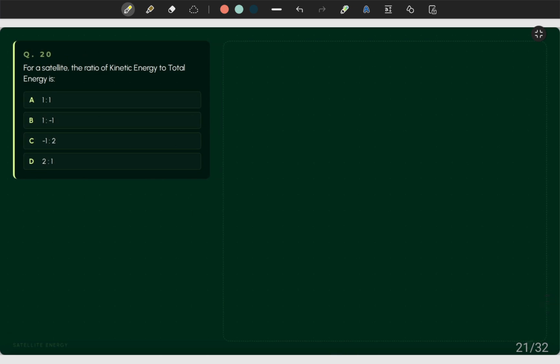Question number 20. For a satellite, the ratio of kinetic energy to total energy. So kinetic energy of satellite is GMm by 2r. Potential energy is minus GMm by r.